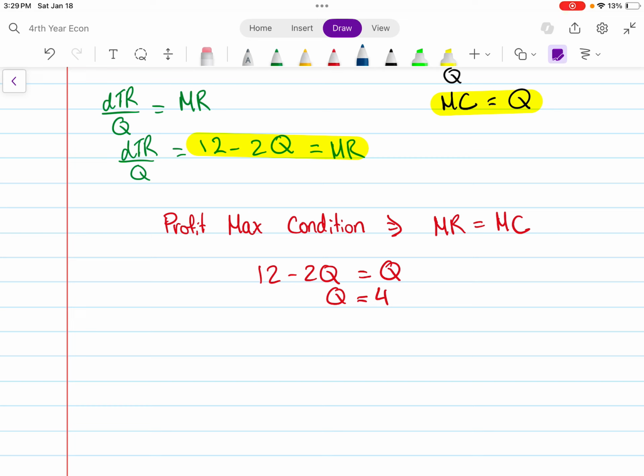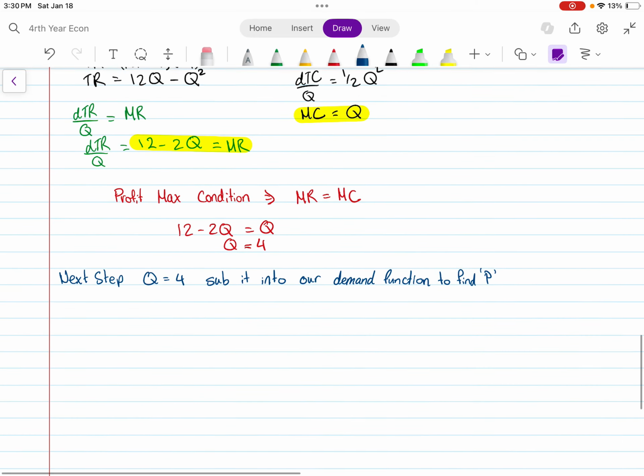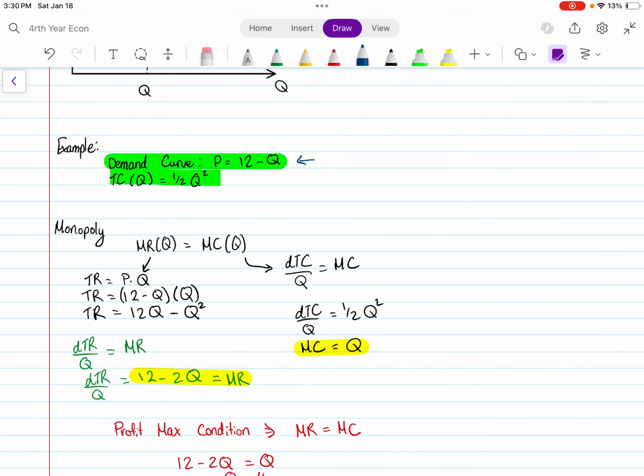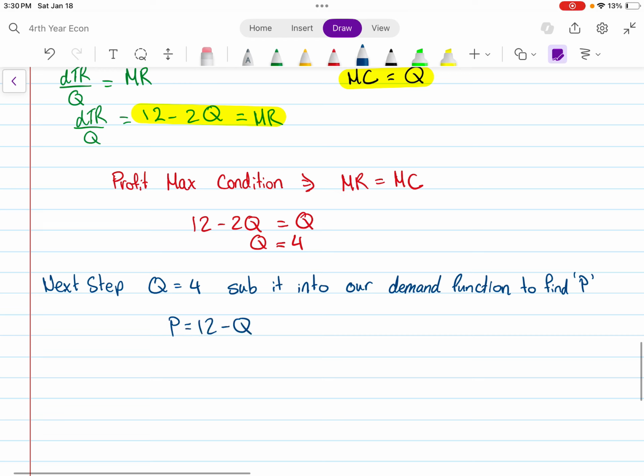Now the next step we want to do is take this Q equals 4 and sub it back into our demand function to find P. We know here that our demand function is P is equal to 12 minus Q. We'll sub Q equals 4, and therefore we will get price is 8.